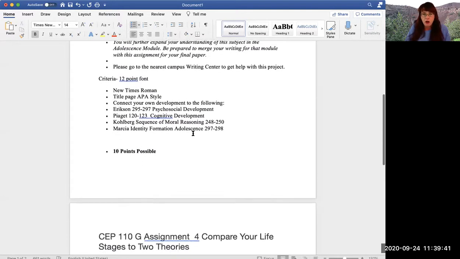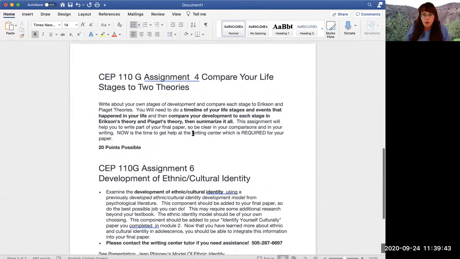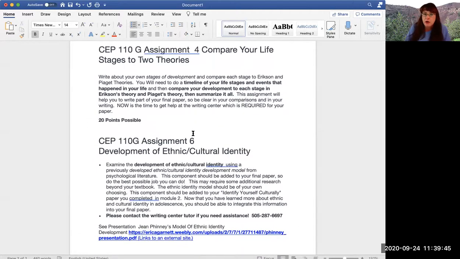Now, if we go on to assignment number 4, compare your stages to 2 theories. So here we're looking at your life stages from the moment you were born to the moment you are writing this paper. So it's that simple. What were your stages?